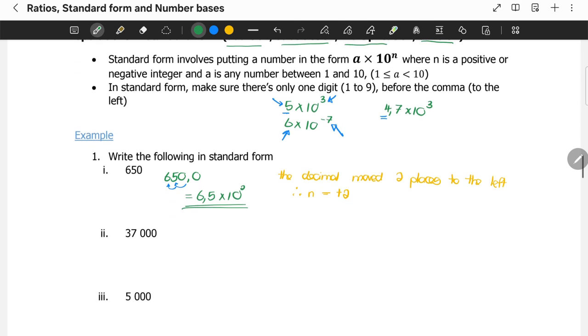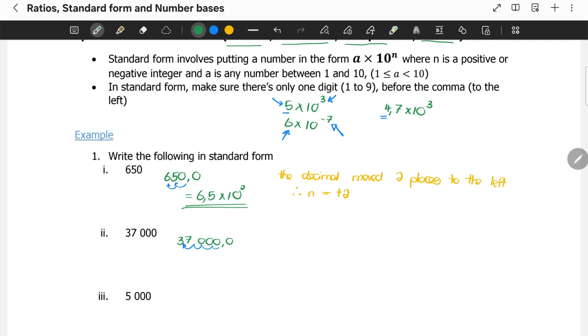Okay, then the next one we have is 37,000. Again, writing it down, 37,000. Since we do not have an evident decimal, that means it comes after the last 0. And then we move it and count how many times. So 1, 2, 3, 4. It has moved 4 places to the left.